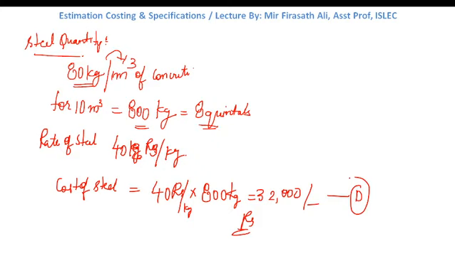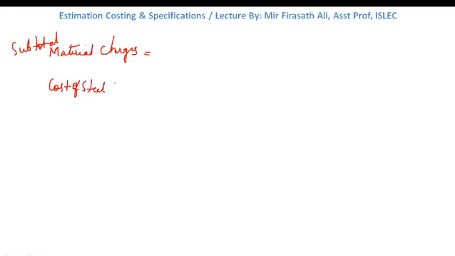Subtotal of material charges is equal to cost of steel plus cost of cement plus sand cost plus aggregate cost.